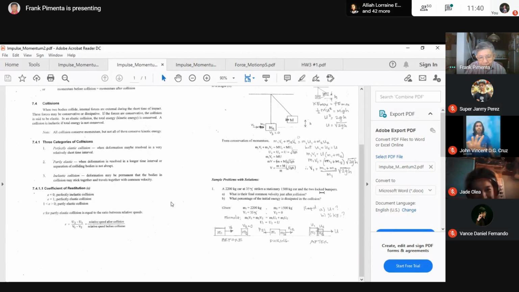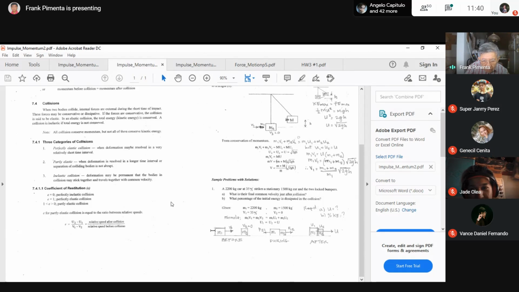So, these are the cars before the collision. This car is 2,200 kilograms and the other car is 1,500 kilograms at rest. Okay, this is stationary.